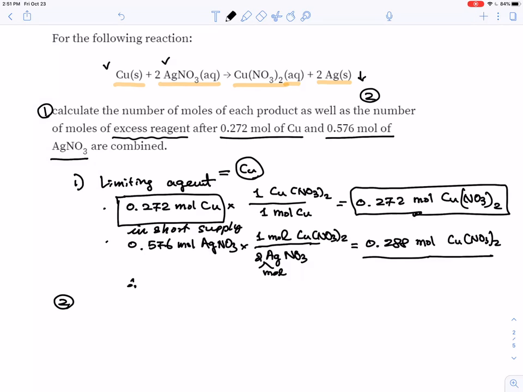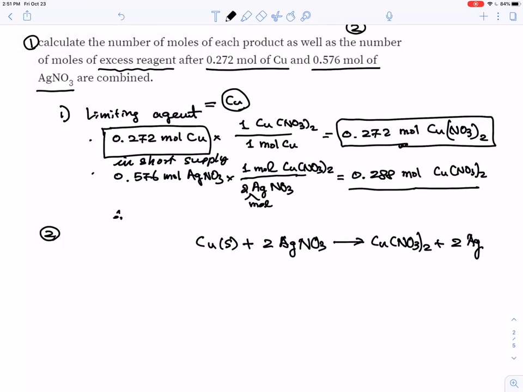So let's write this one more time. Copper is reacting with 2 times AgNO3 to produce Cu(NO3)2 plus 2 times Ag solid.